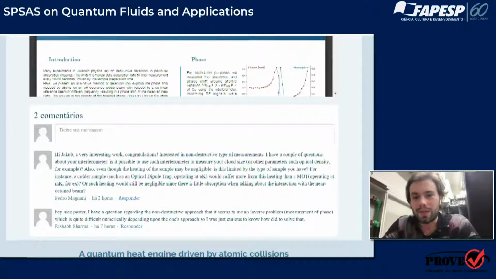So this is just the phase and absorption, and actually this is just the index of refraction. So this is some calibration measurement that I've taken with the interferometer and show that it works the way I intended. And then there are those two plots that I presented with destructive and non-destructive approach.